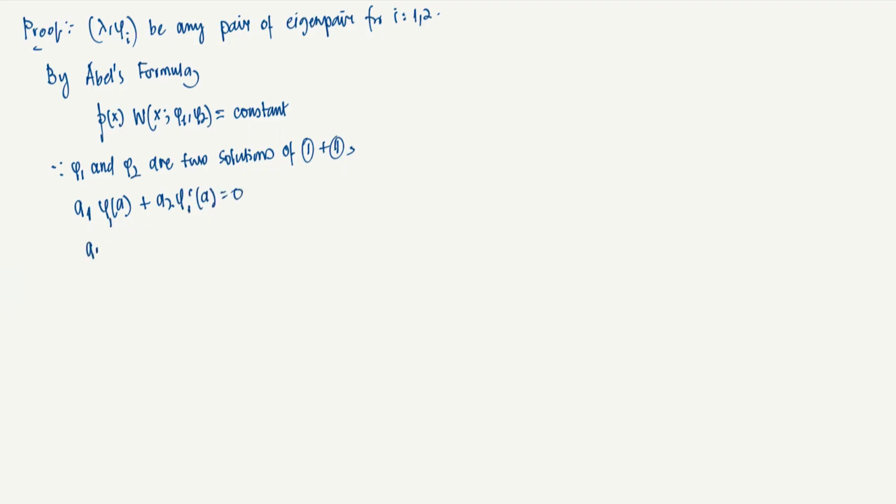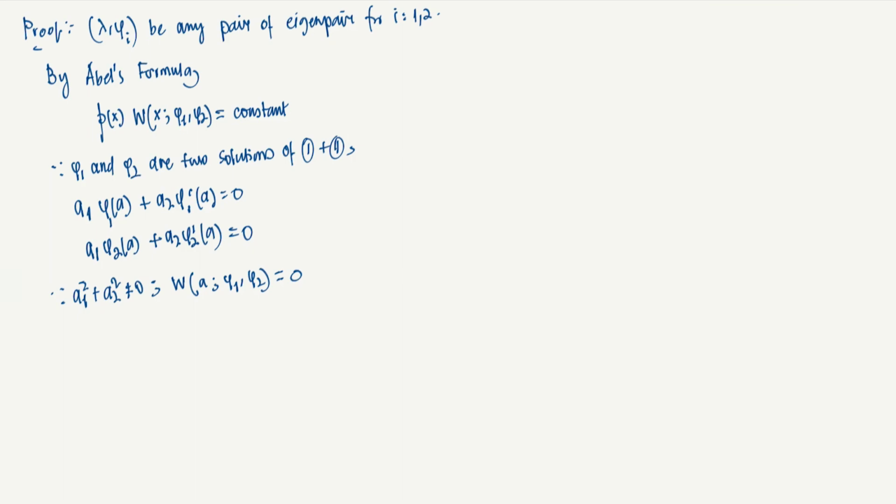And similarly, a1 times phi2 at the point a plus a2 times phi2 prime at the point a equals 0. Now since a1 and a2 cannot be simultaneously 0, what does that give me? This system has a non-trivial solution, which implies that the coefficient matrix has to be singular. So the Wronskian of phi1 and phi2 at the point a is definitely going to be 0.